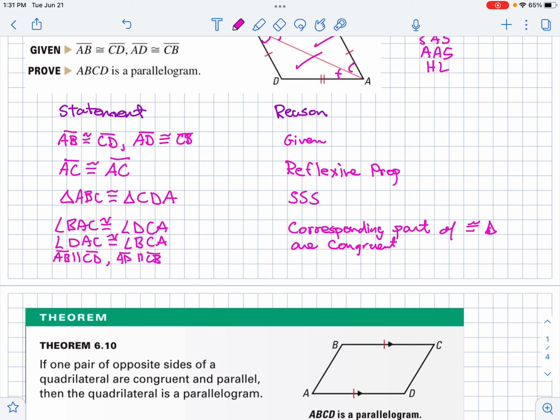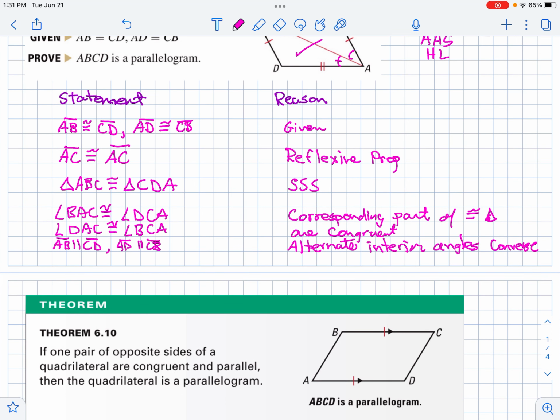We know that by the alternate interior angles converse. So if we show that the alternate interior angles are congruent, then we know the lines are parallel.